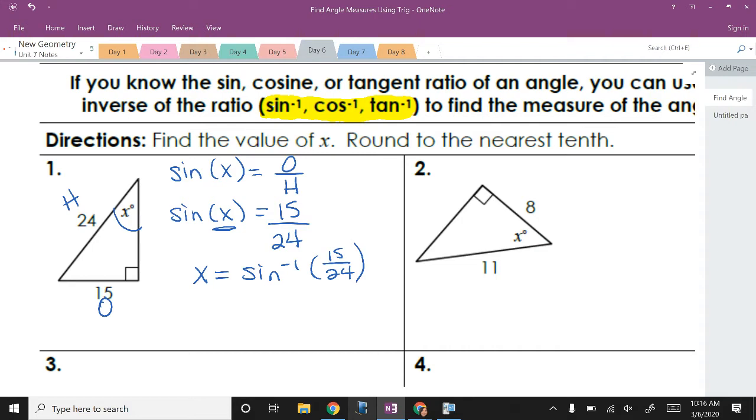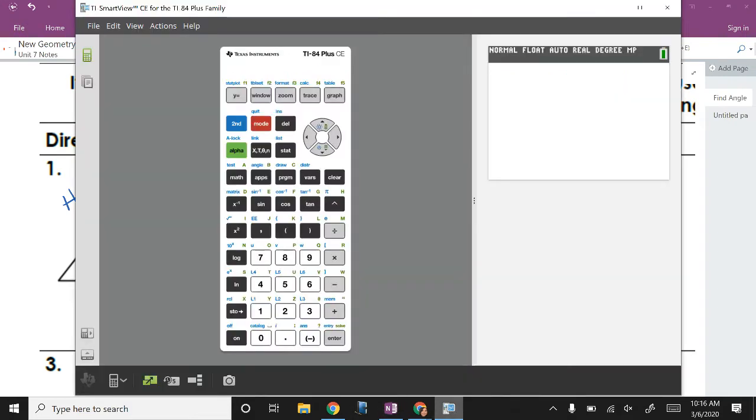So what we're going to type in our calculator. Y'all have this written down before I change screens? Okay. So in our calculator, you're going to hit second sine, and then you're going to type in that fraction, 15 divided by 24, and then you're going to hit parentheses, and then you're going to hit enter.